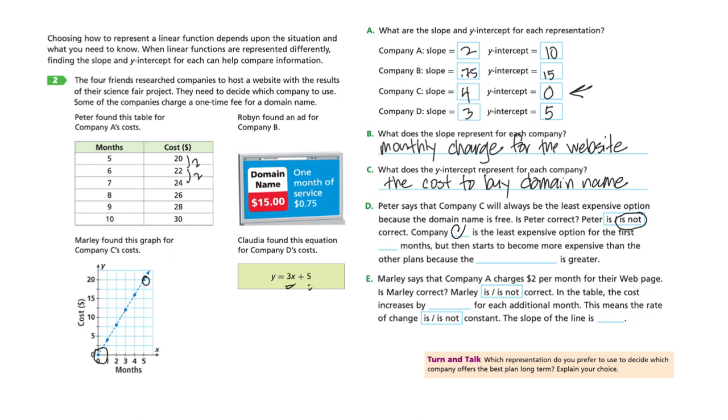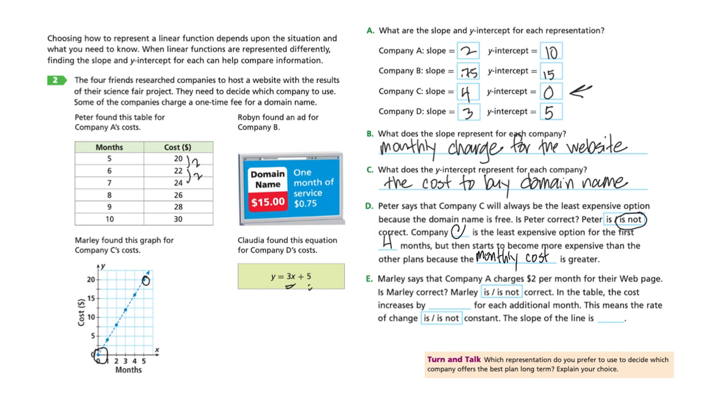So it'll be the least expensive for the first 4 months, and then it starts to become more expensive than the other plans because the monthly charge is greater.